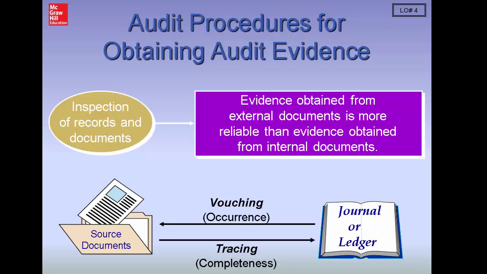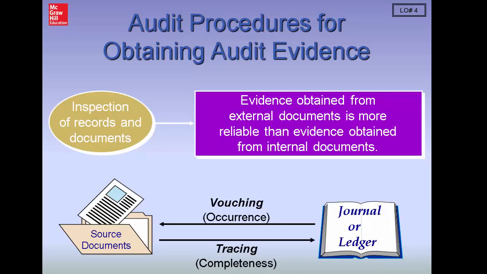That would validate or vouch the fact that the transaction actually occurred. If we're looking at assets, we're looking at a fixed asset in the account balance, we would actually take a sample of those fixed assets, search for those, and if we actually find the fixed asset, that would vouch the fact that that item actually exists.